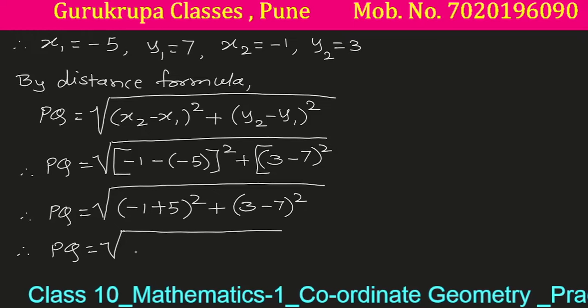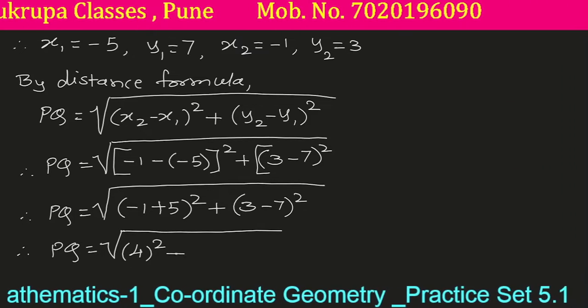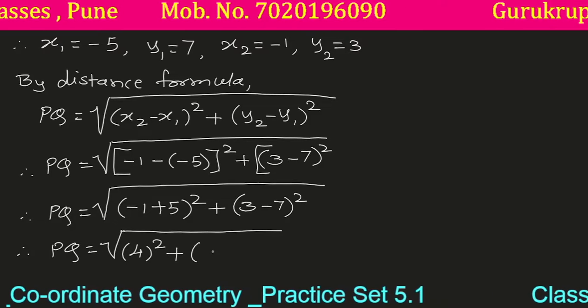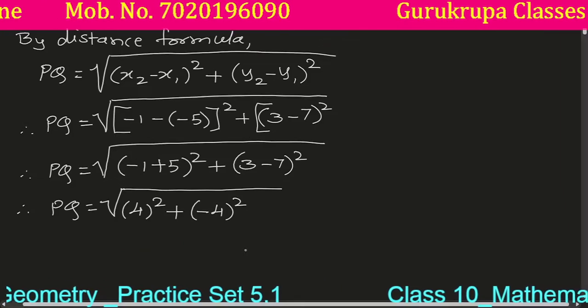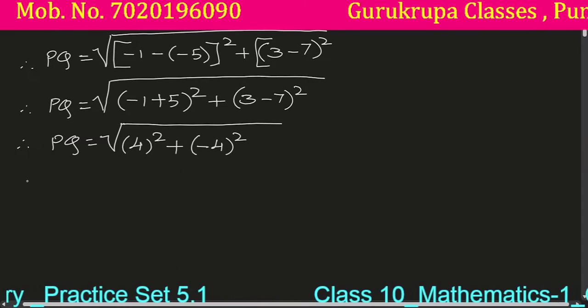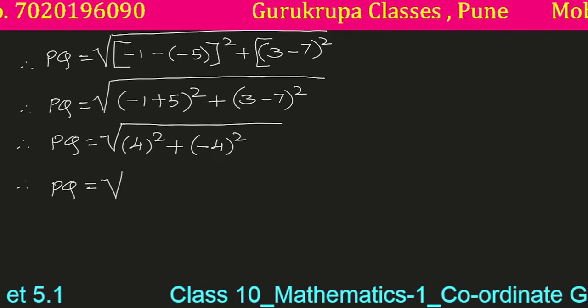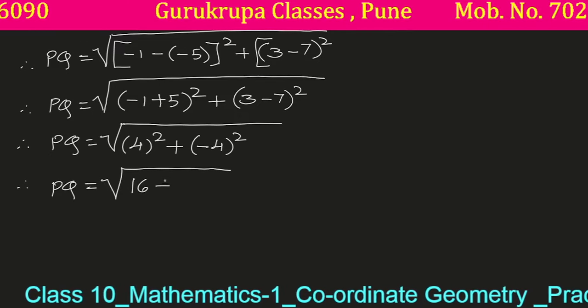Now -1 and plus 5 we get 4, positive 4. So square of 4 plus 3 and -7, subtraction would be there, answer is -4. So square of -4. So therefore here PQ is equal to 16 plus 16.